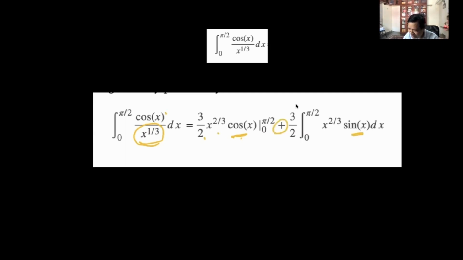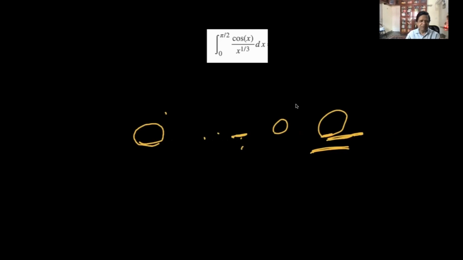Minus minus becomes plus, and this integral. Now this integral is not singular anymore, because x to the 2/3 is finite. In fact, it goes to 0 near x equal to 0. So that's another trick. These are some tricks; depending on the situation, you have to apply intuition.